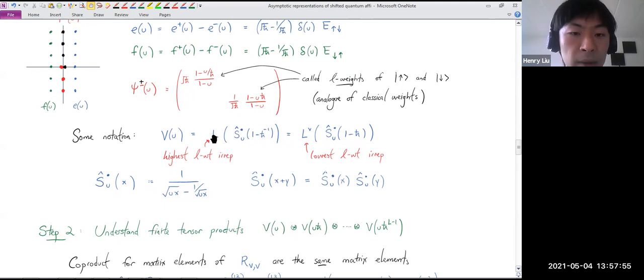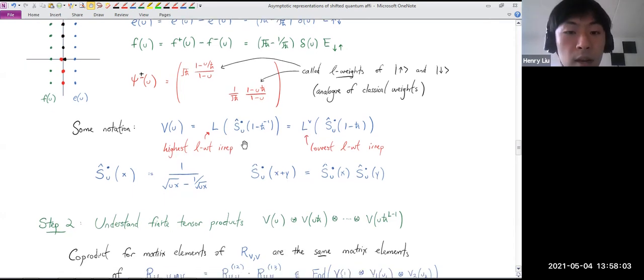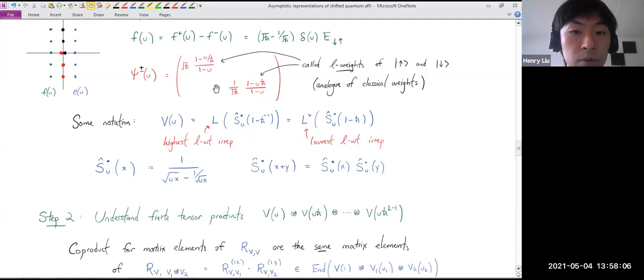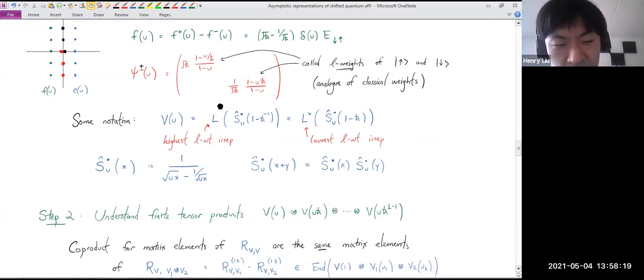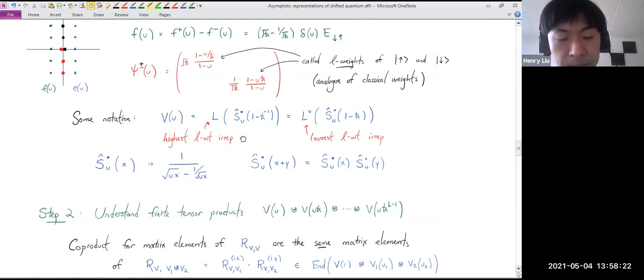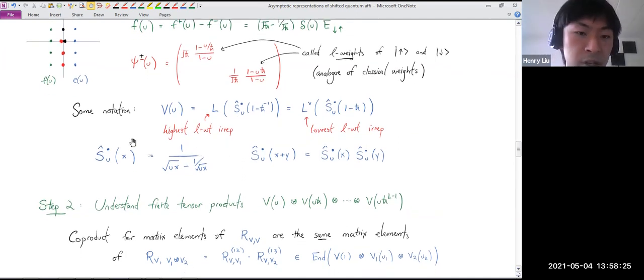We'll write them as L of a weight and L check of a weight to indicate the highest weight irreducible representations and the lowest weight irreducible representations. There is some convenient notation you can introduce for these rational functions, which will appear as loop weights, with the symmetrized symmetric algebra, S hat. The notation is essentially that S hat of a single monomial in your equivariant variables is this function.